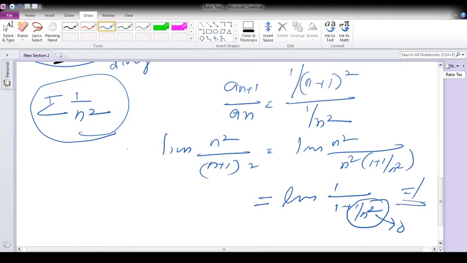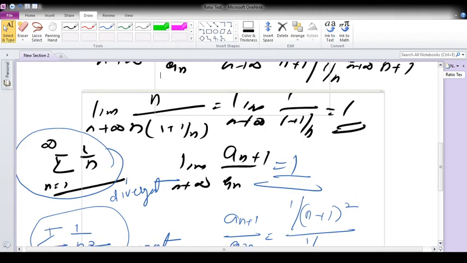But you already know that if p is greater than 1, the corresponding p series is convergent. So the series 1 by n square is convergent, but the above series is divergent, since if p is less than or equal to 1, the p series is divergent.